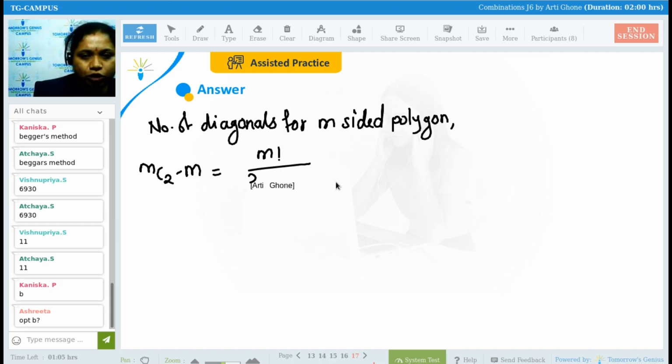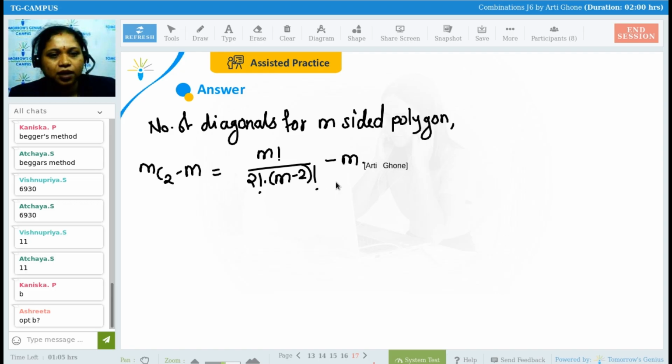M factorial upon 2 factorial into (m minus 2) factorial, minus m. How to solve this one? M can be written in reverse order like m into (m minus 1) into (m minus 2) factorial, right?